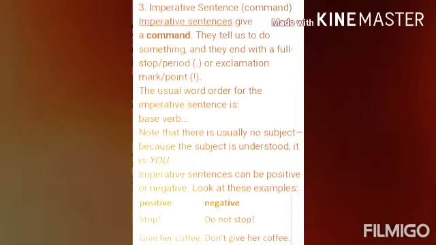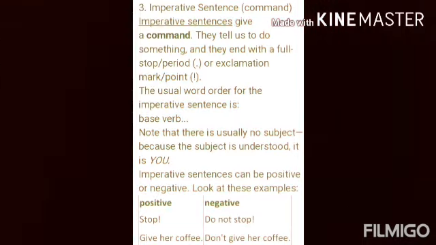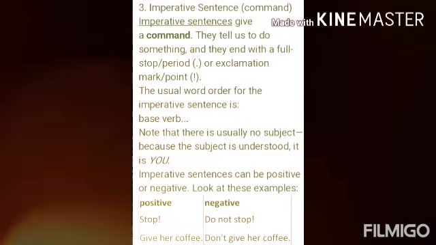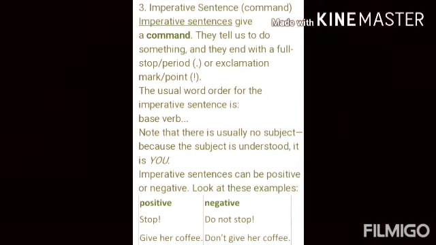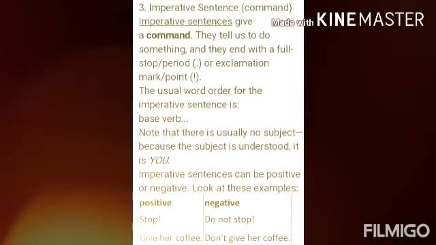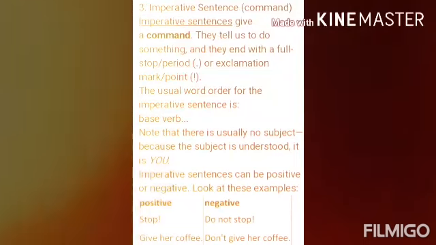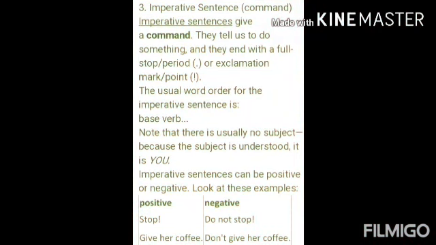Third is the imperative sentence. As you know, an imperative sentence gives a command. They tell us to do something and they end with a full stop.